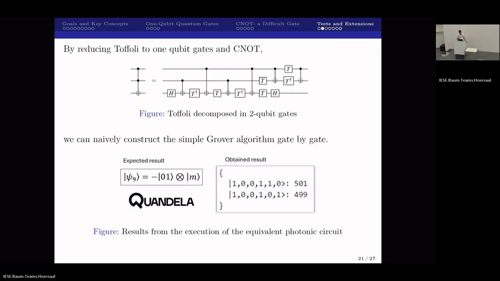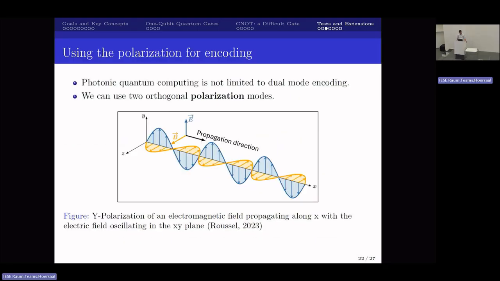Each of the CNOTs in this Toffoli will have a probabilistic chance of failing. But during a post-selection, meaning only keeping the ones where the CNOT worked, because you can check if they worked, then you can get the expected results. Now I want to introduce you to polarization.